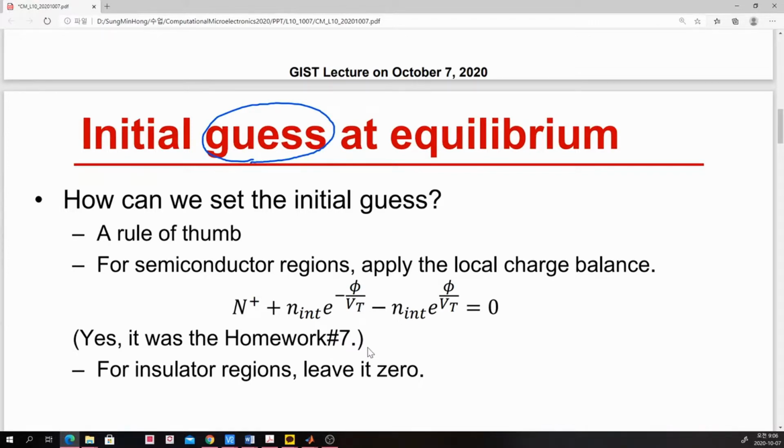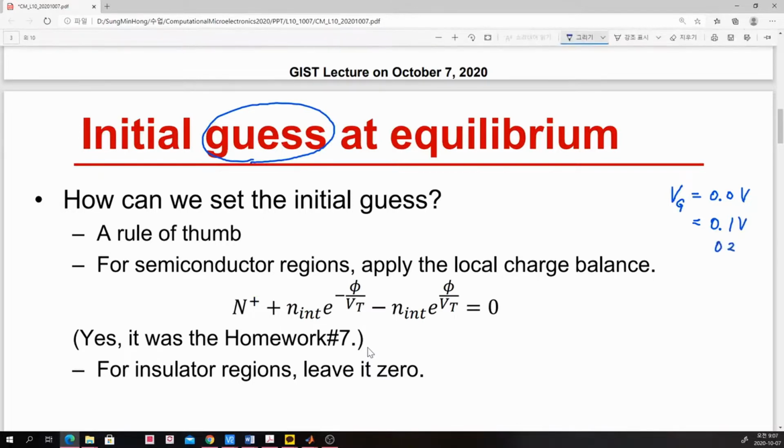Eventually, we will solve many different bias voltages, starting from, for example, gate voltage equal to 0.0 volt, and we can increase it by 0.1 volt and 0.2 volt. We will continue this procedure until eventually we reach the target voltage, for example, 1.1 volt. That will be our typical procedure.